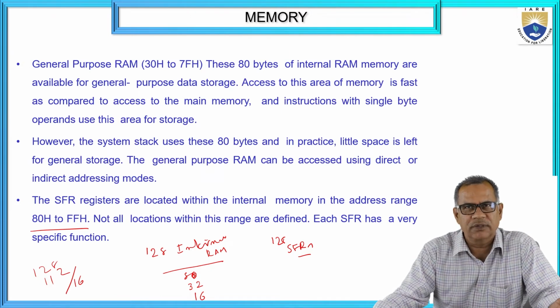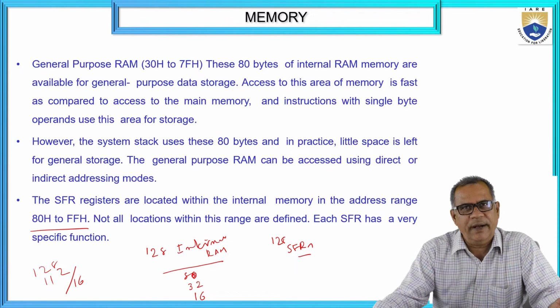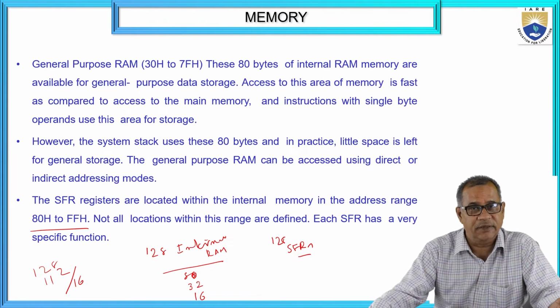Only a few are used. Around 23 SFRs only are used, and any attempt to address the undefined SFRs will cause unpredictable errors. So each SFR has a very specific function.